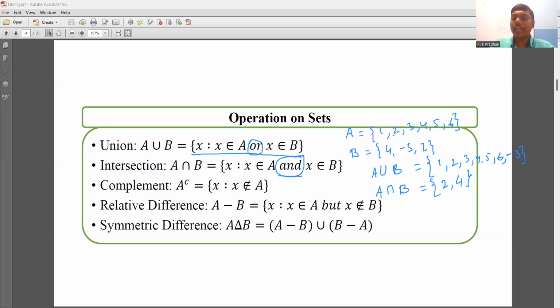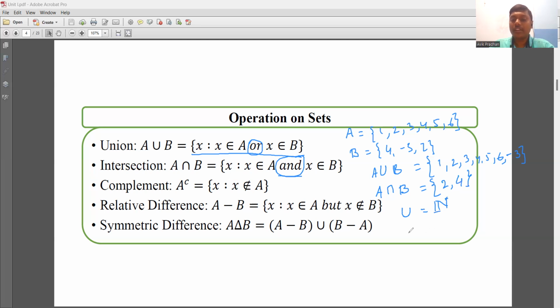Okay. Now, if I think about the complement of the set, if I look into this set A, A represents the positive natural numbers 1, 2, 3, 4, 5, 6. Six natural numbers are there. Now, if I consider the universal set, which is U, I am writing U equal to the set of natural numbers.